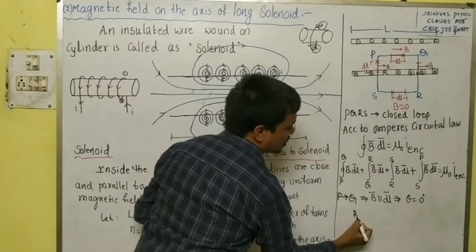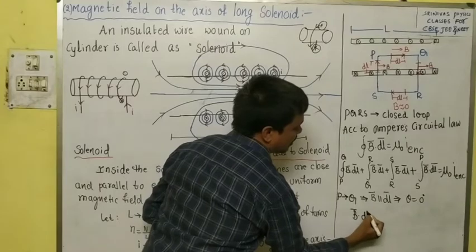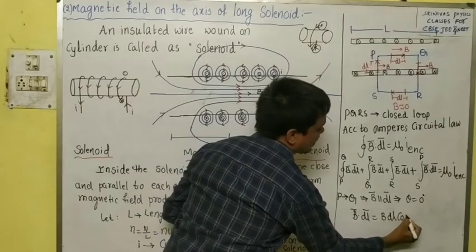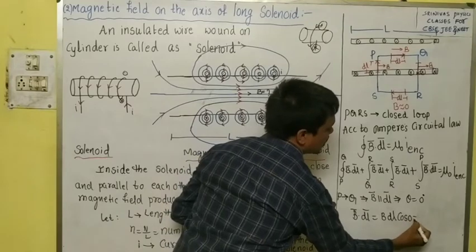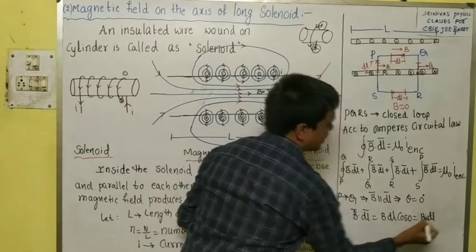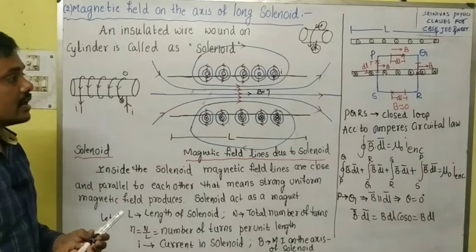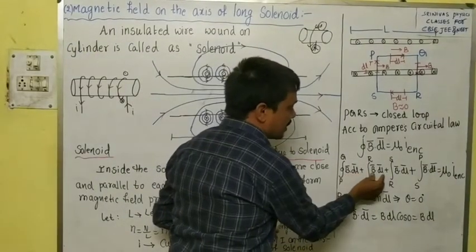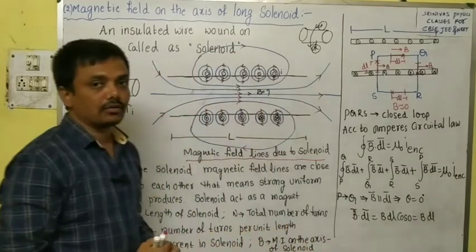Then B bar dot dl bar is B dl cos theta. Theta is 0, so we get B dl. Similarly, for the other parts also we can find B bar dot dl bar. For every part we have to find it out.